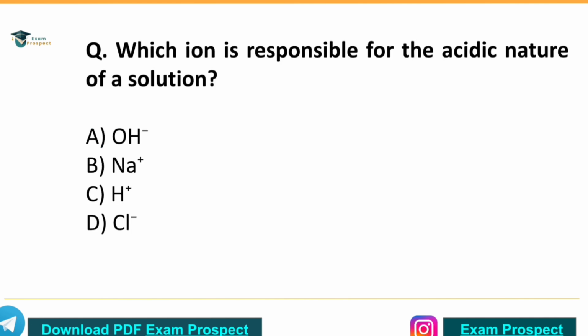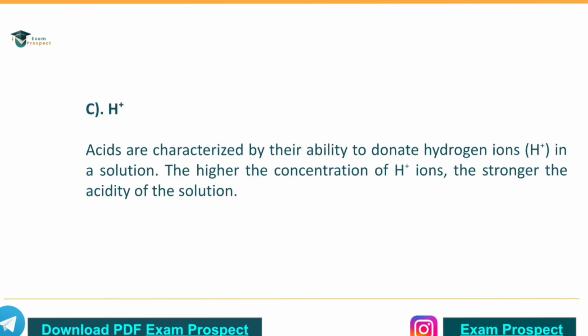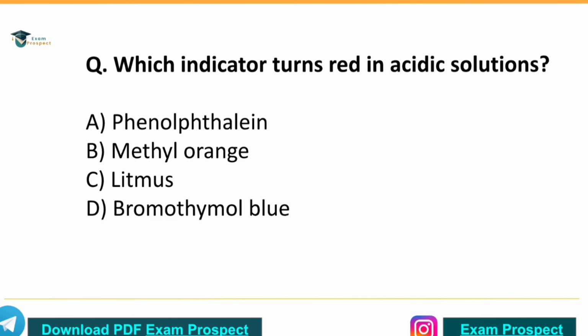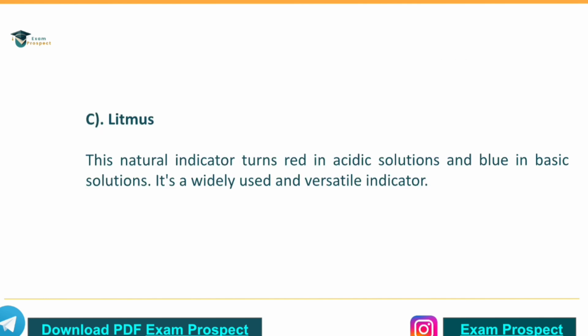Next question, which ion is responsible for the acidic nature of a solution? The correct answer is option C, hydrogen ions, H positive. Next question, which indicator turns red in acidic solutions? The correct answer is option C, litmus.